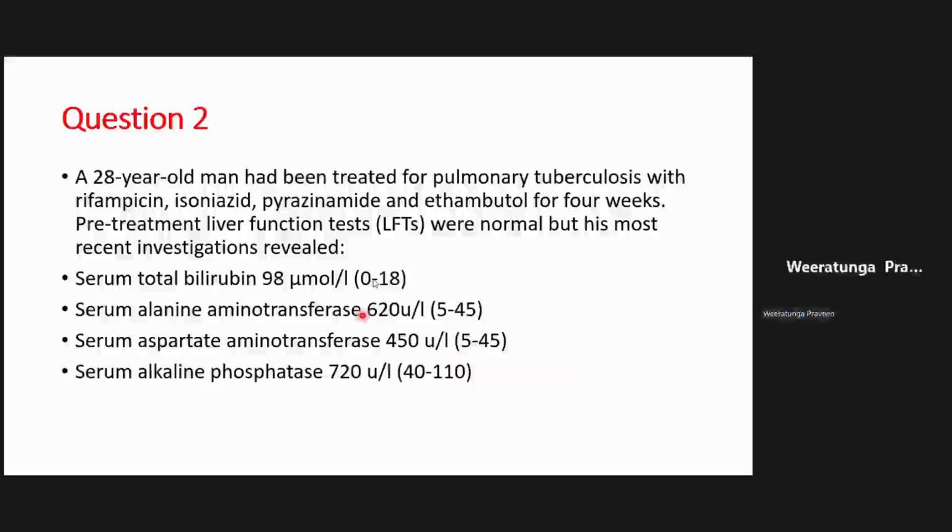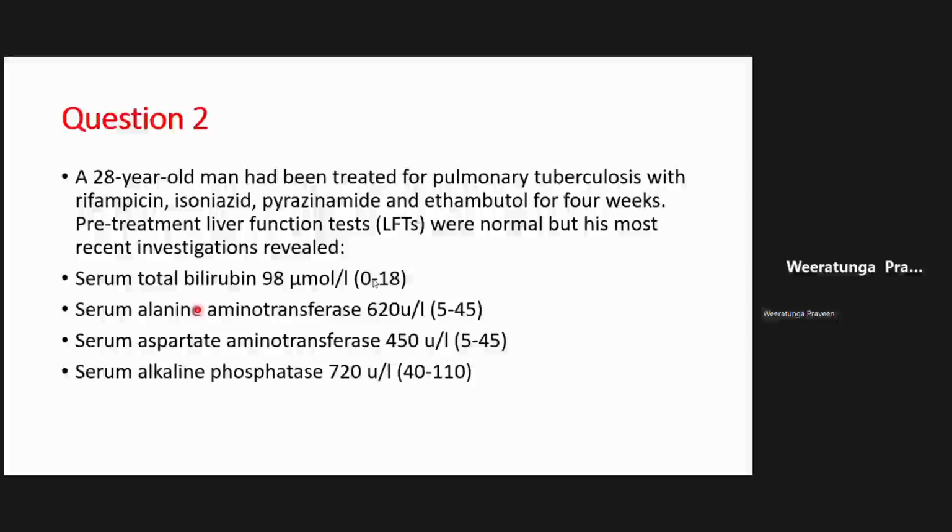Right. Now this question focuses on anti-TB drug-induced hepatitis. Look, the patient is on rifampicin, all four drugs, 4 weeks now, pre-treatment liver tests normal, but now the transaminases have gone up. Alright, so this is common, very common.